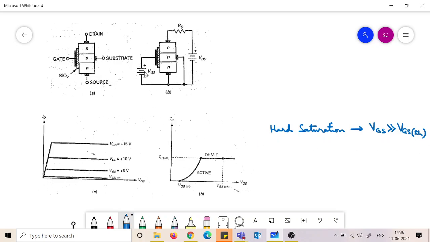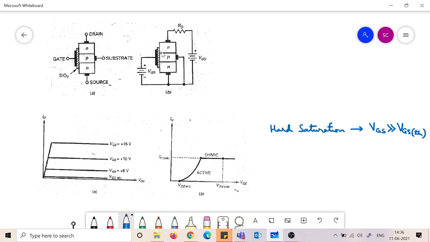What is VGS threshold? So you see that just making VGS greater than 0 will not create this channel. We need to impress a sufficient amount of positive voltage here. Only after that a channel will get created, and from thereafter the current will follow a square law.